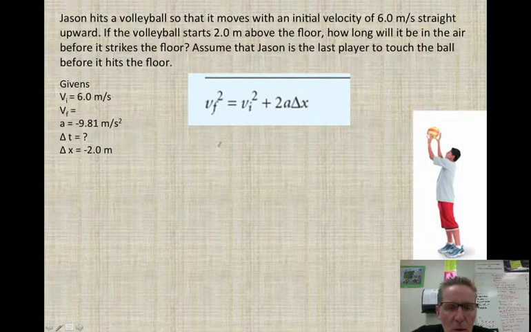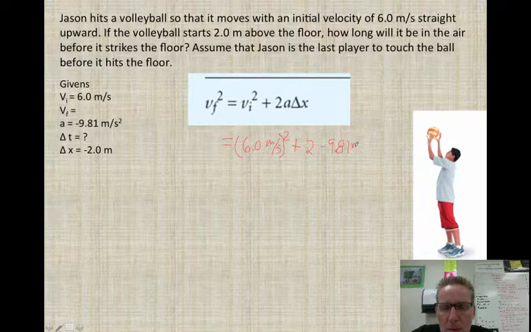And so we don't know VF, so I'm just going to leave that blank. And then since my VI is 6.0 meters per second, and that will be eventually squared, and then that's going to be added to 2 times our negative 9.81 meters per second squared.